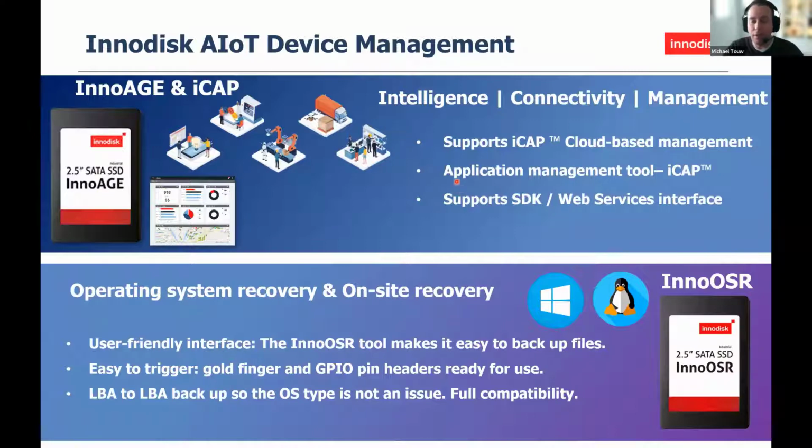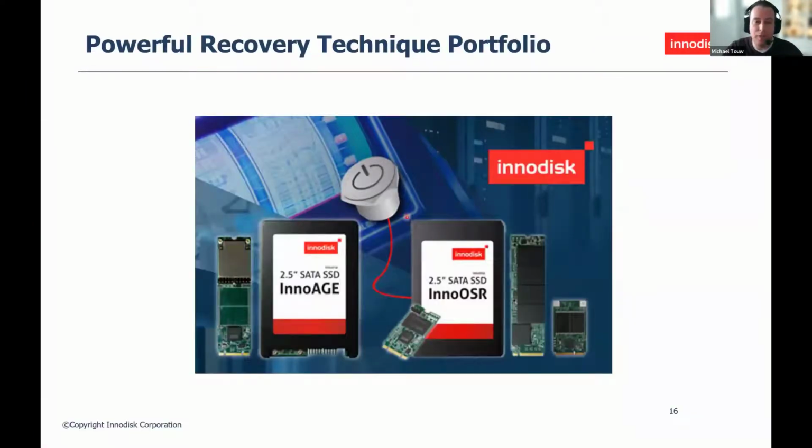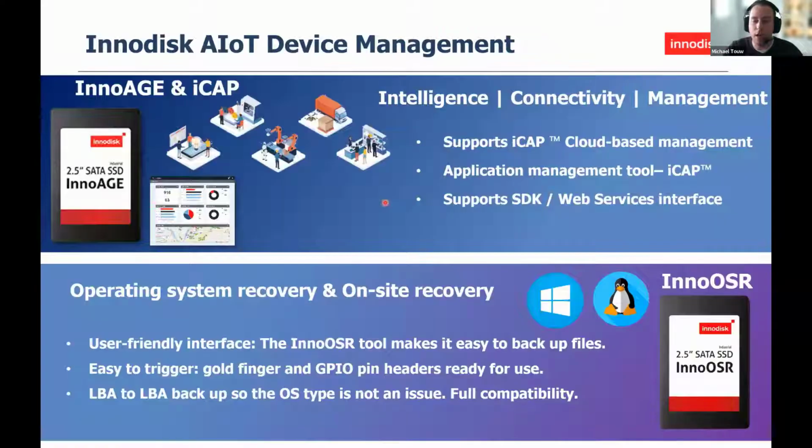Now, if you do not have a solution where you use Microsoft Azure or AWS or any cloud solution, but want to work locally, we have something called InnoOSR. It does exactly the same, but it uses a button. If you push the button for a set amount of time, and we can configure this for you, be it 5 seconds, 10 seconds, half a minute, it will automatically start to recover the hidden partition to your now dysfunctional main partition.